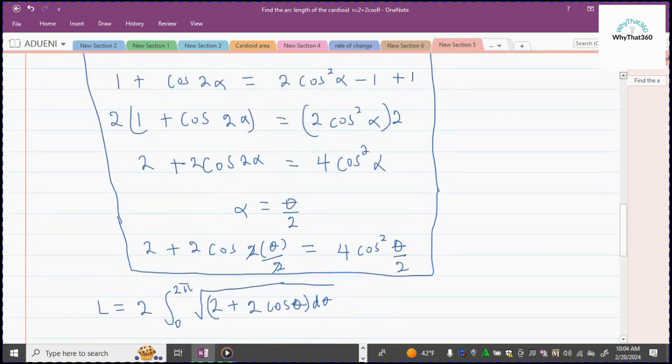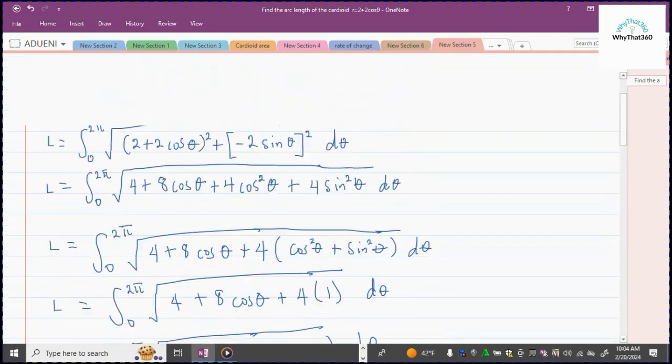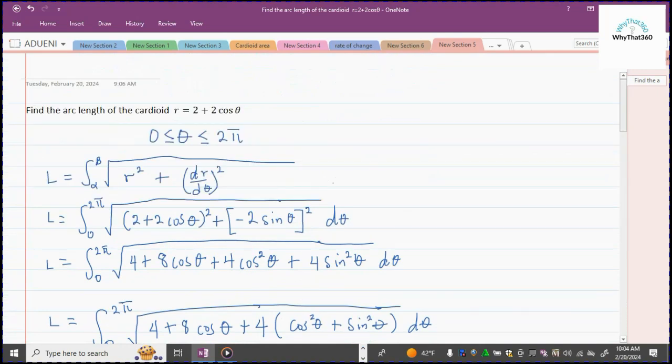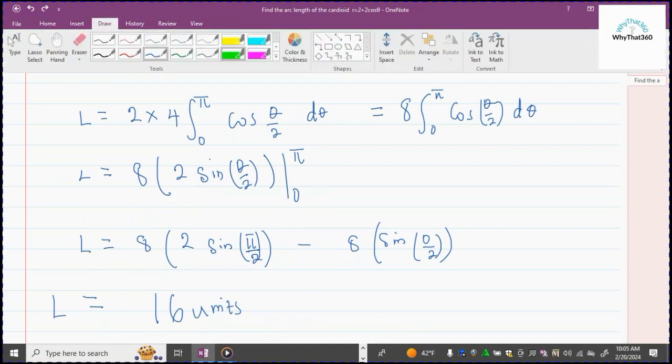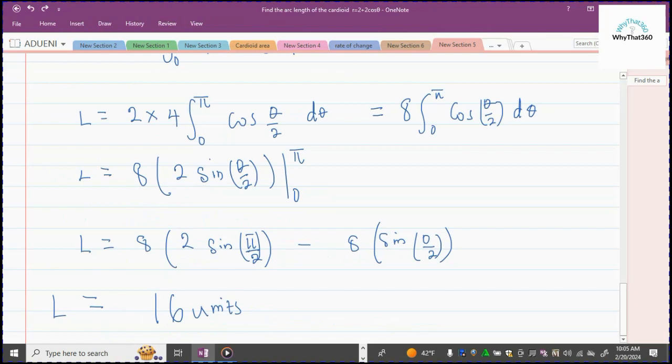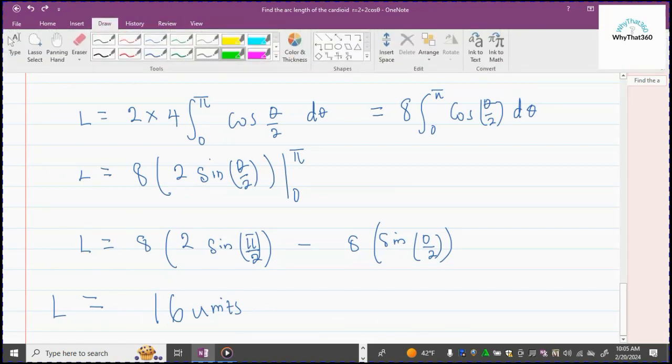So we can conclude that the length of the cardioid r equals 2 plus 2 cos theta is equal to 16 units. I think that's what we got. 16 units.